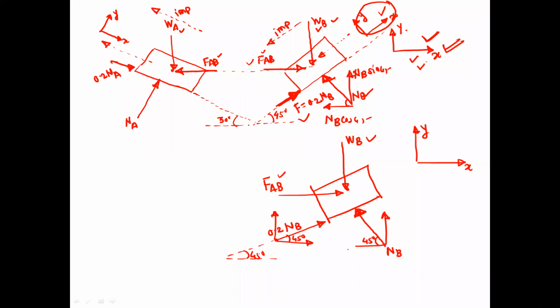So this is the Y component and this is the X component. So it is NB sine 45 and this is NB cos 45. Similarly, you can resolve this 0.2 NB: cos 45 and this is 0.2 NB sine 45. No need to resolve FAB.